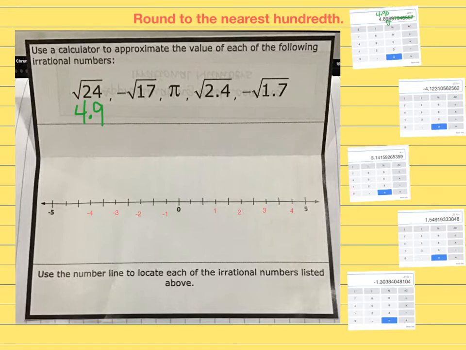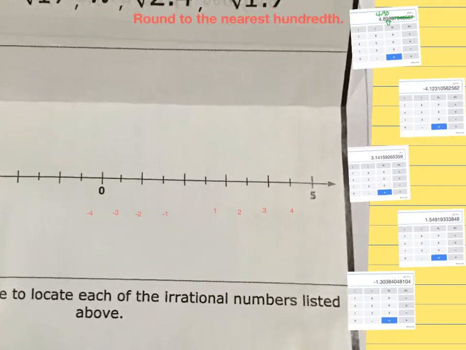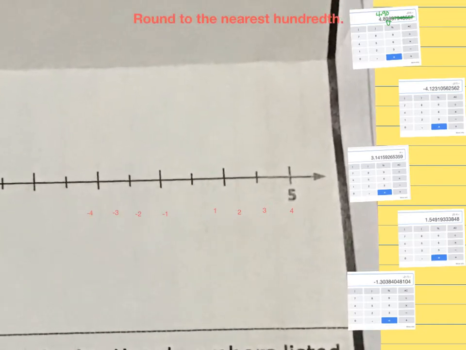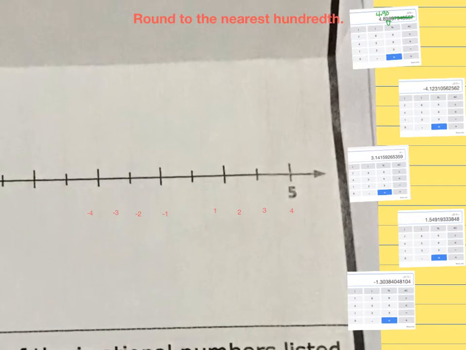I should also place that on the number line. That's what the directions asked me to do. 4.9 is between 4 and 5, but much closer to 5 than 4. If I zoom in on this, square root of 24 is very close to the 5.